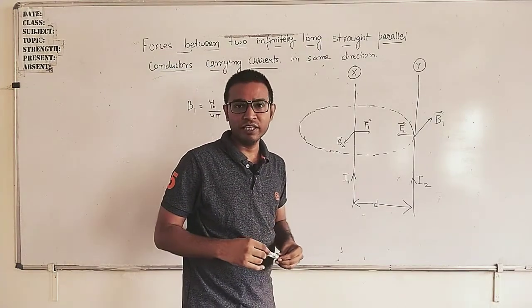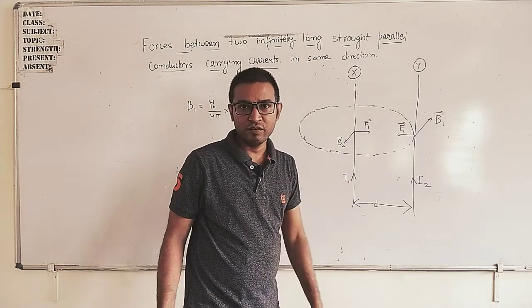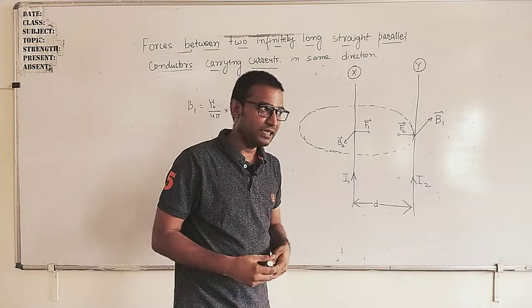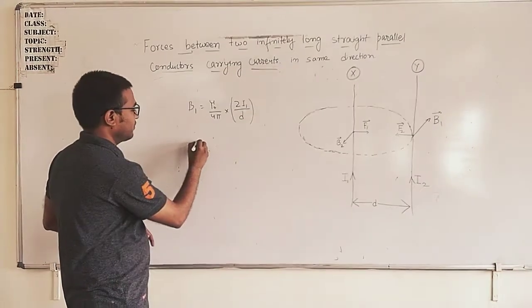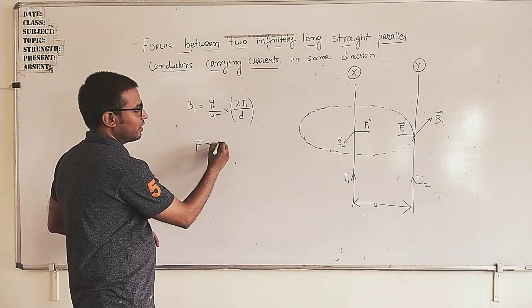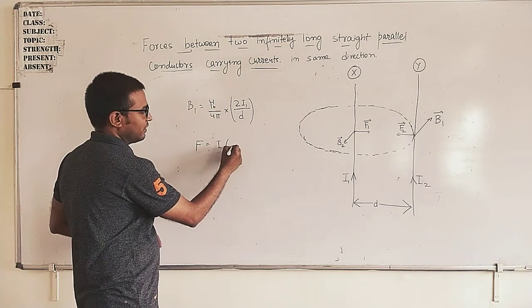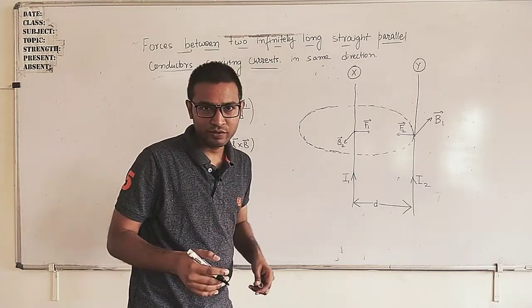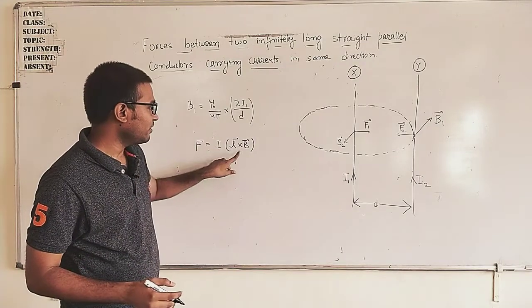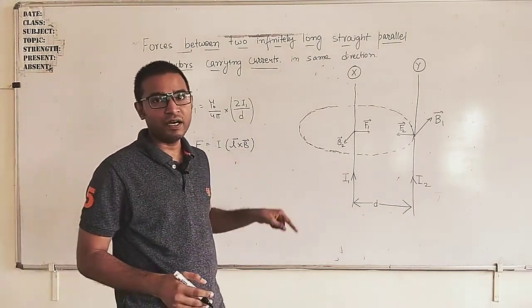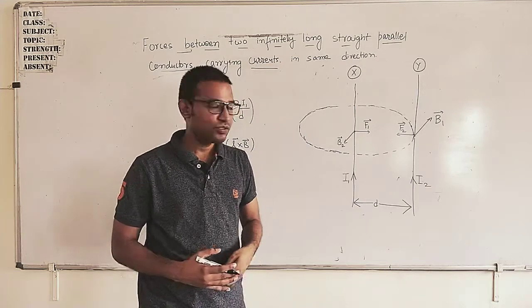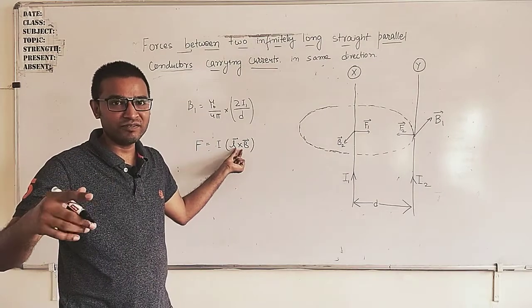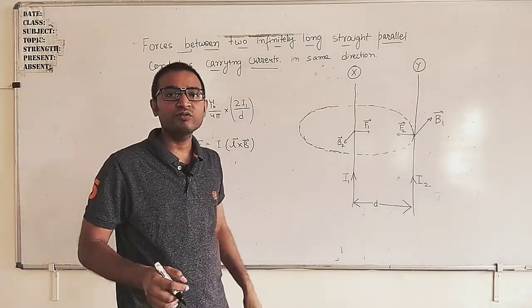Now again we know very well that the expression of the force acting on a conductor is force equal to I L cross B. But L and B are at 90 degrees with each other, so of course a sine term will come, sine theta, which will be sine 90 degrees, and the value of sine 90 is 1.